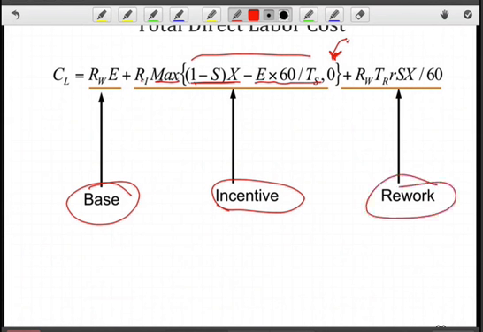Lastly, rework. Rework factored in the parts that are going to rework, the time it takes to rework, and multiply that by the rate at which we are paying for that rework. Note that this is the cost to put our X parts through the system. It is not the cost per part.